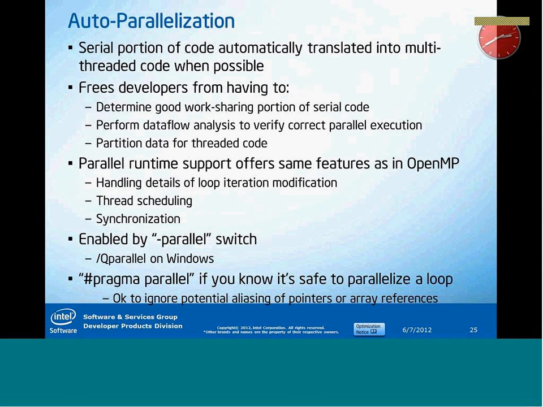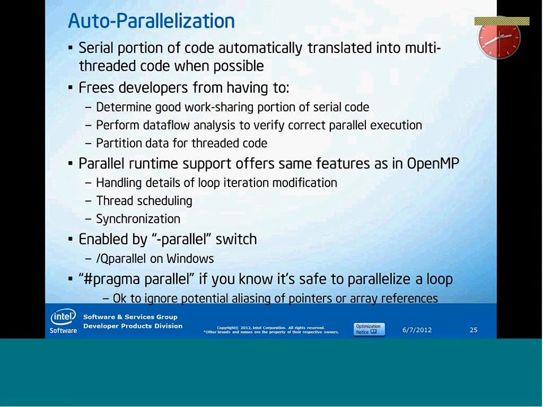This frees developers from having to determine whether there is a good work-sharing portion in the serial code. They don't have to do data flow analysis to find out whether it is okay to introduce parallelism, because the compiler does all the work.